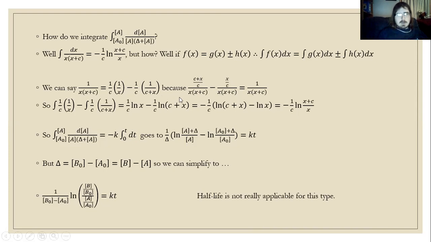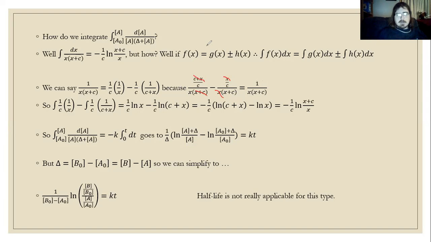So what we're doing is saying that this cancels this. So 1 over c, there's our 1 over c times 1 over x. And this x cancels here. And that gets us 1 over c times (c plus x). So it makes sense. I mean, it's a little backwards math, but it makes sense as a way we can do that.